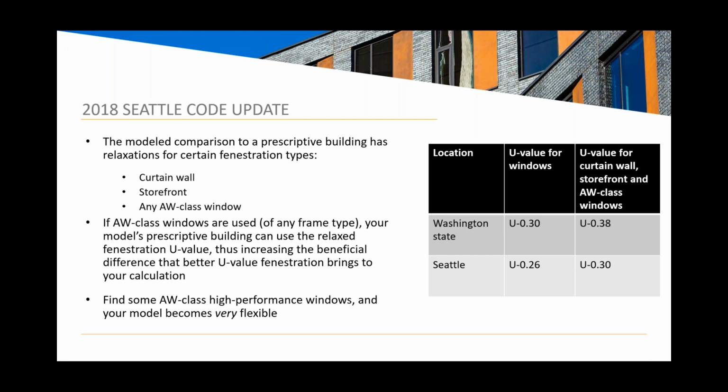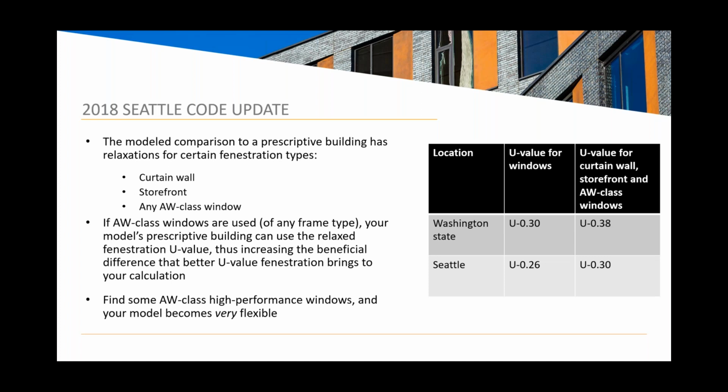Although your actual building will use the actual U value of the product you're going to use, thus increasing the beneficial difference between the U value in the base model and the U value in your actual building. So that increases the difference of that U value that fenestration brings to your calculation. Bluntly stated, if you find and use some AW class high performance windows, your model becomes instantly very flexible, especially if you're trying to maximize the glazing area.